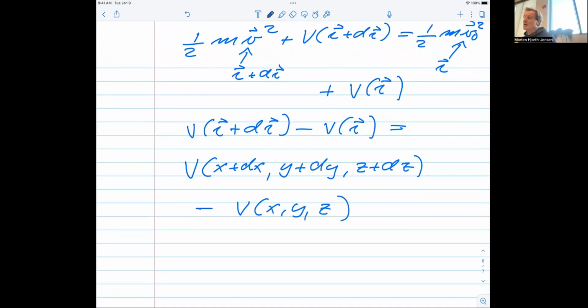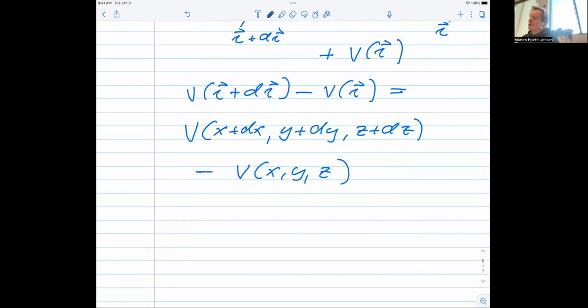Now, if you look at this quantity here, this is something which we now would call a dV. So a small change in the potential.